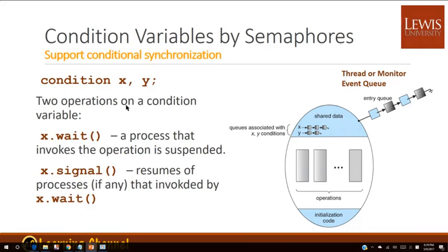There are two operations on a condition variable, wait and signal, similar to the semaphore, except that they have a queue. So their waiting set is undefined, and can be from 0 to as many as you can. x.wait means the process that invokes the operation is suspended. x.signal resumes the process that was suspended by x.wait.